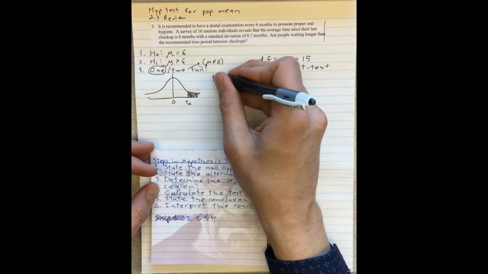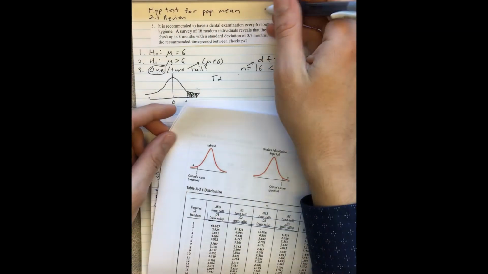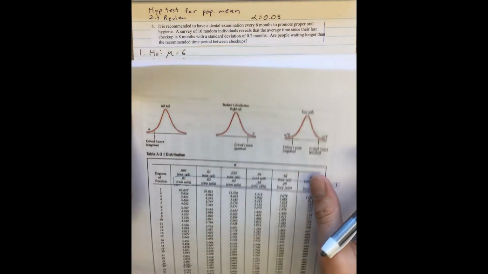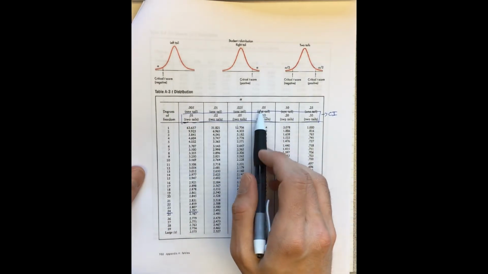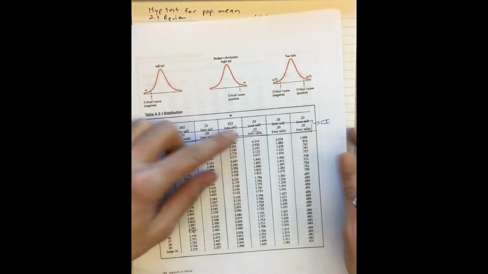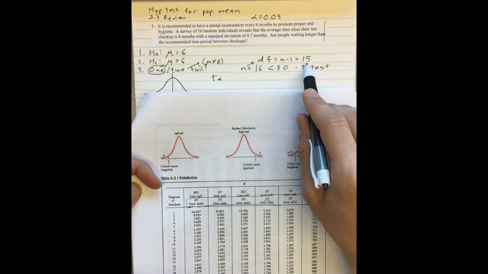So T alpha in this case, and I'm going to get out my chart again. We're going to be using alpha equals 0.05 almost exclusively through this class. It just makes life easier for all of us. So 0.05, this is a one-tailed test, so we know we're looking at the one-tailed column. And degrees of freedom, we decided were 15.